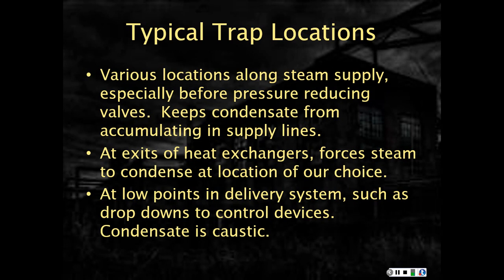There's going to be times where I'm not using the humidifier over long periods of time. If it's a long down drop, then what steam is left in there will have a tendency to condense. That condensate will lay against the control valve and ultimately cause the control valve to fail.